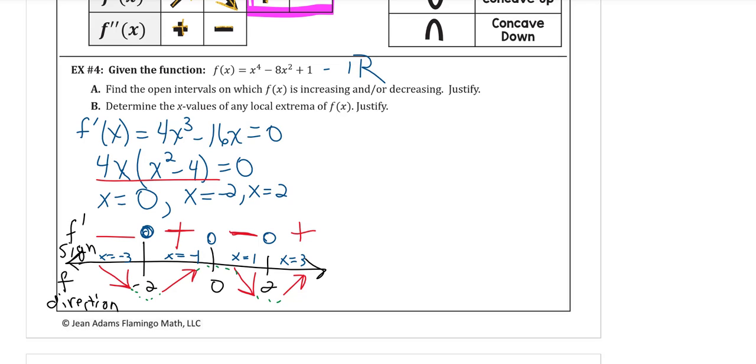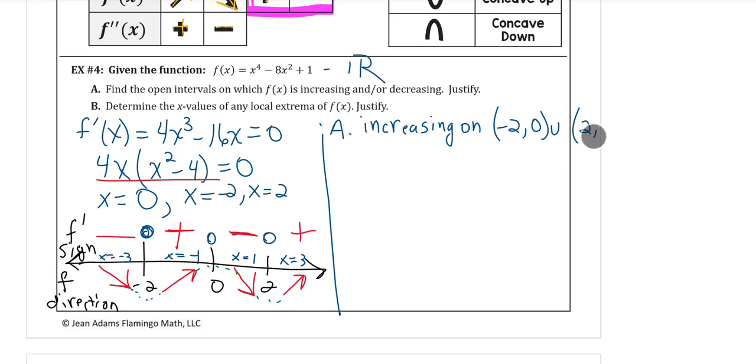Okay, so now we can answer part A. Part A says to find the open intervals on which f is increasing and or decreasing. So f is increasing on -2 to 0, and also from 2 to infinity.